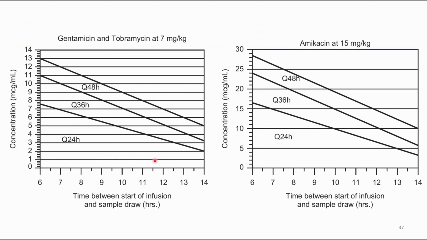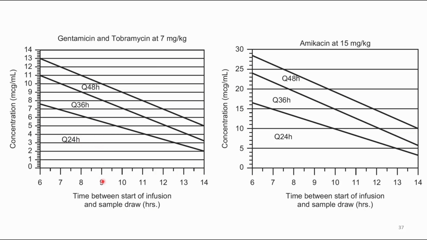And here's the nomogram. So this nomogram on the left is for gentamicin and tobramycin, and the one on the right is for amikacin. So let's say 9 hours later you got a random level, and the level happens to be 3, and it happens to be here. If you were using the Q24 hours, that means the patient is clearing, so you continue the Q24 hour dosing.